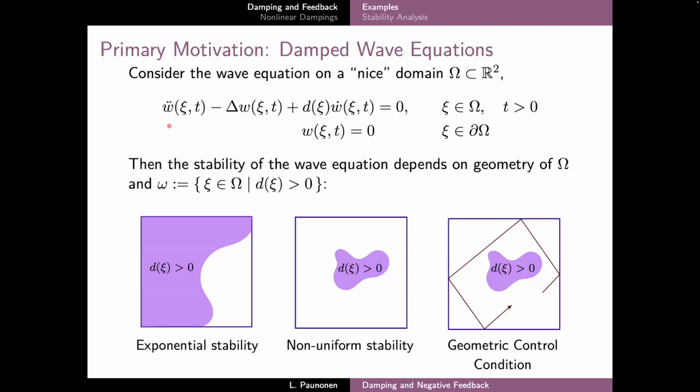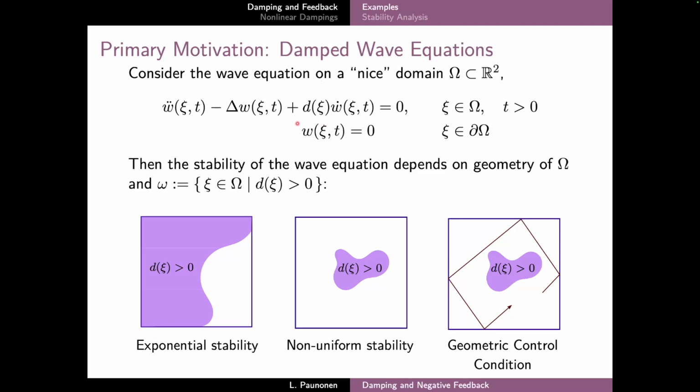And here the double dot is the second order time derivative. We have the Laplacian, which is a second order spatial derivative. And this velocity term causes the damping in our equation.